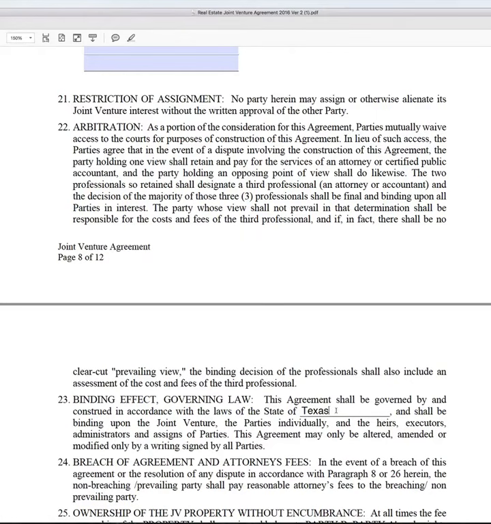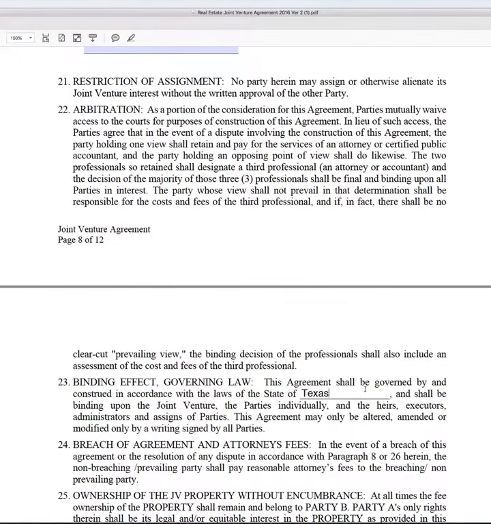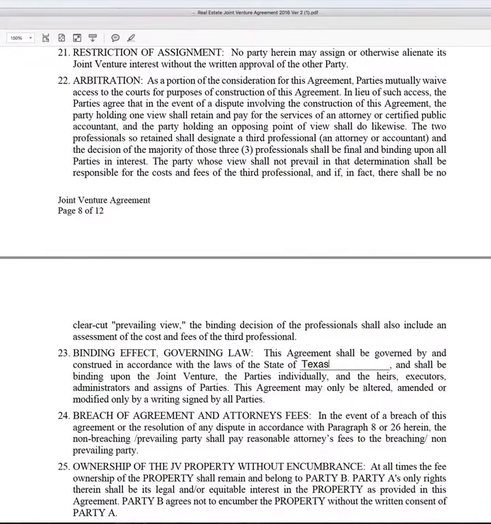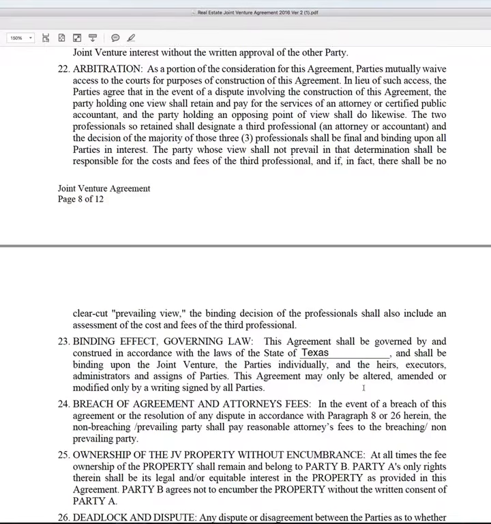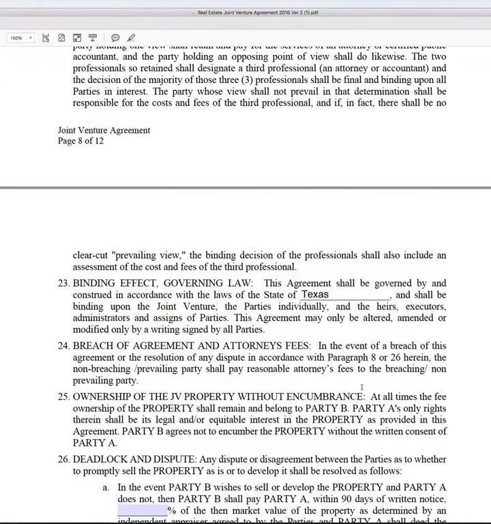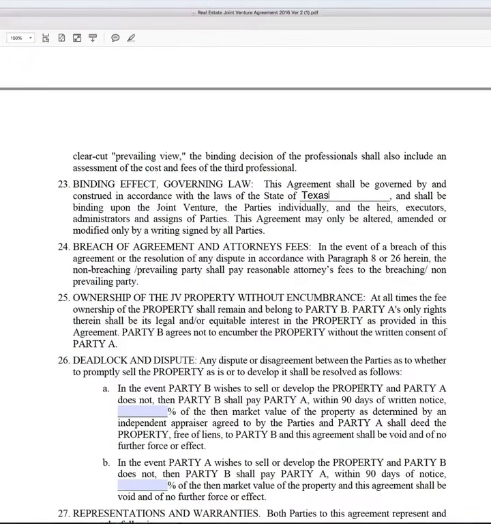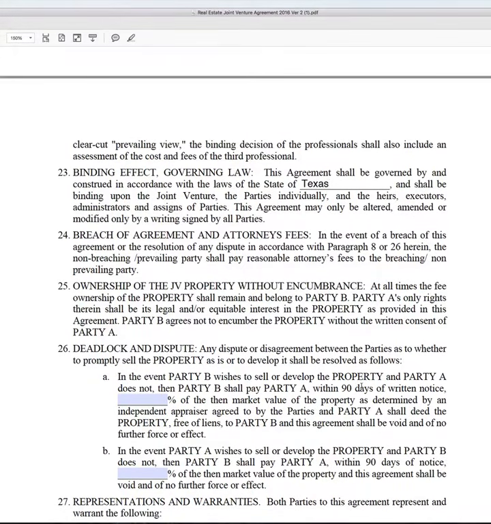So I may put Washington in there and argue that that's where I want it. Jurisdiction lies in Washington when it comes to governing this agreement. Washington law will apply, and that's where we'll handle any controversies. So it's really up to you when you're filling this out. It's a negotiation between the parties.